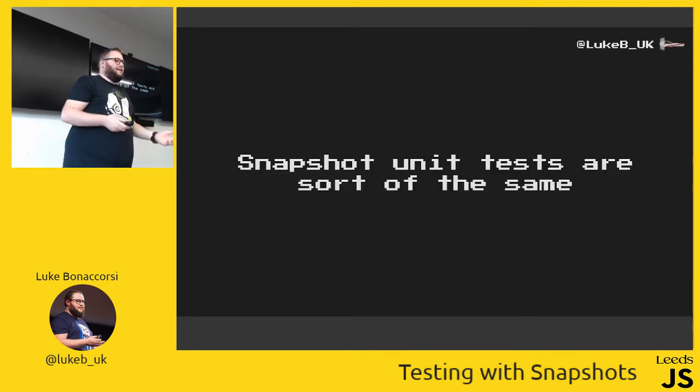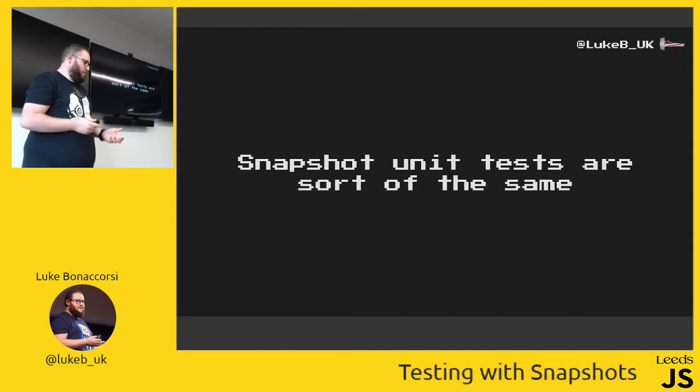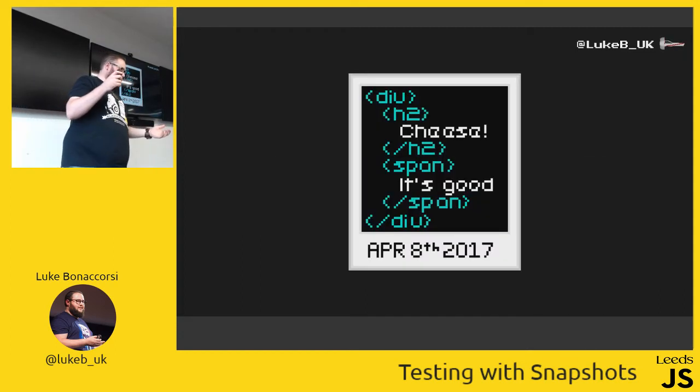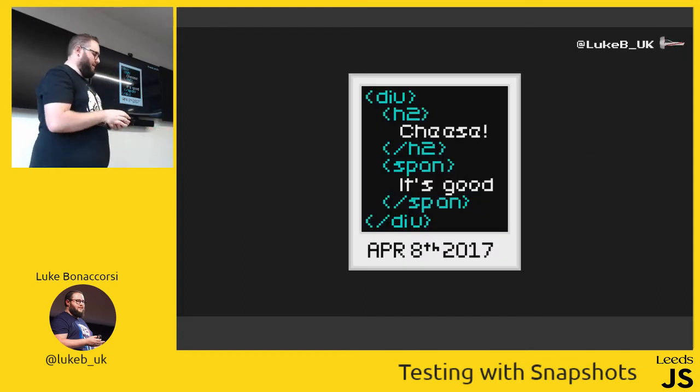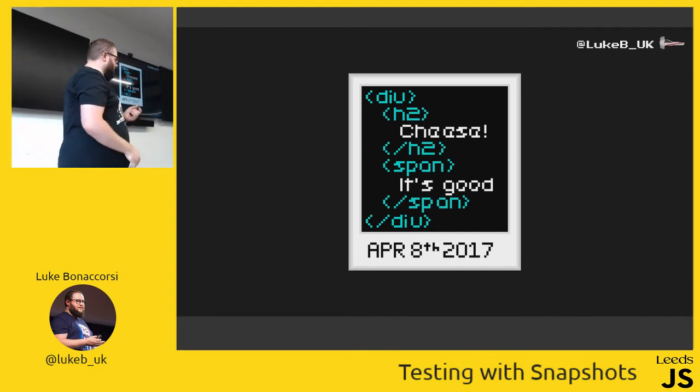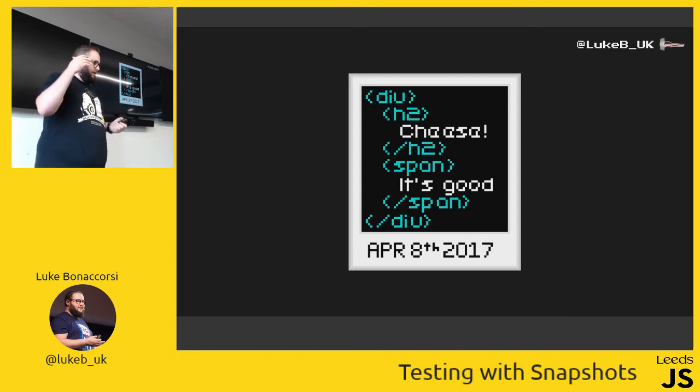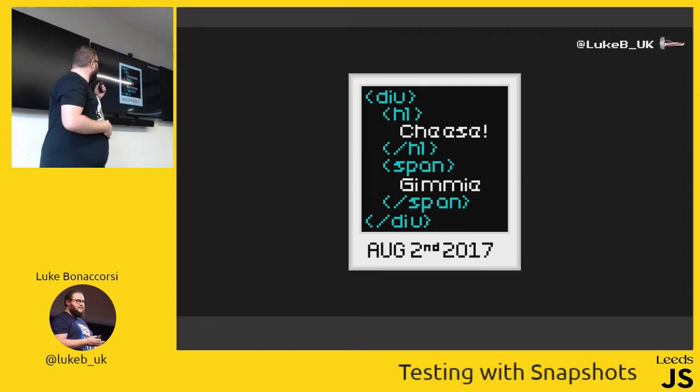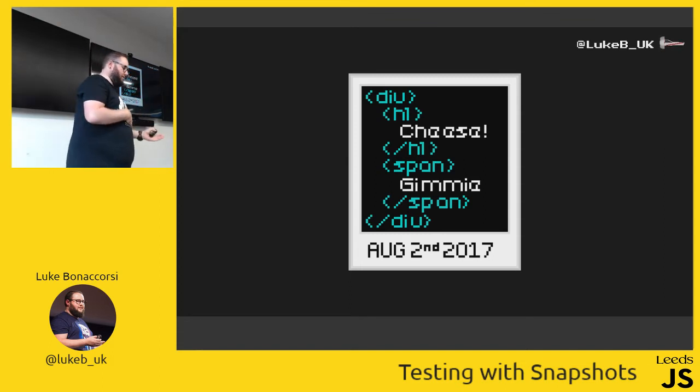Snapshot unit tests are sort of the same for your code. You write your test, and when you first run it, it captures the output of the test and saves it off to one side, formatted in a predictable way. Then when you run your test later, it does the same, but it doesn't save it, it compares it to what you have saved.